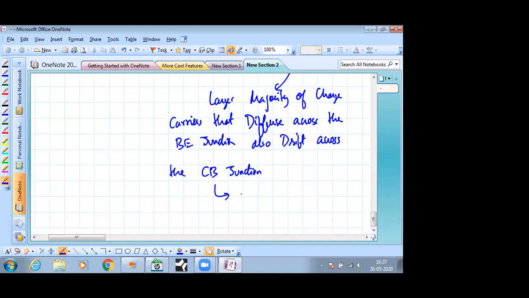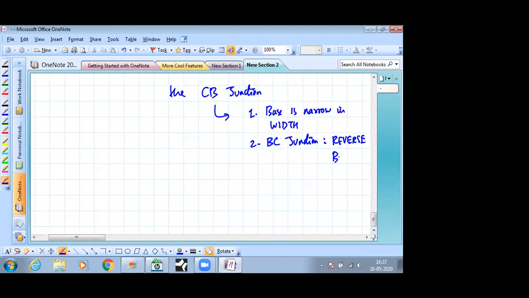And to aid that process, you have three things. The base is narrow in width. That also allows this thing to happen. Secondly, the collector base junction is reverse biased. So it will allow this process to happen.